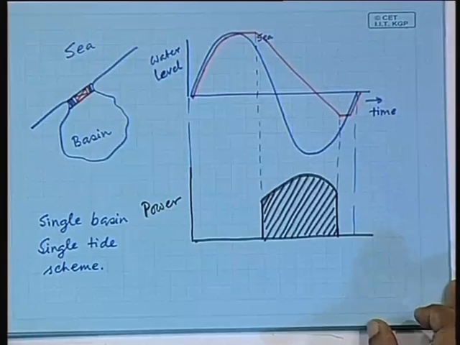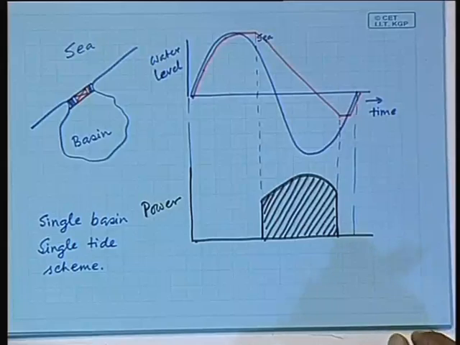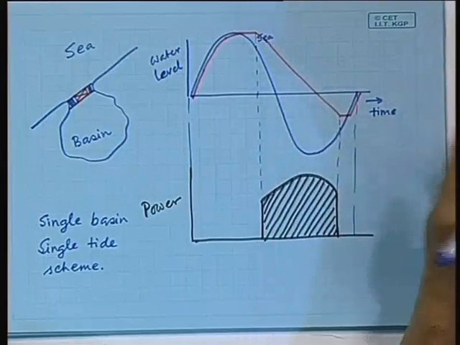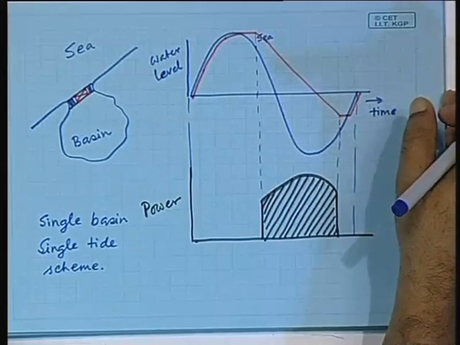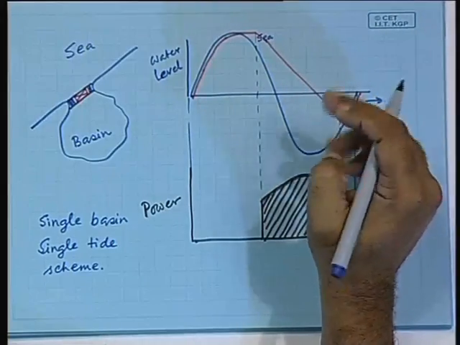In cases where you have ready availability of cheaper one-way turbines, people prefer this particular scheme. But of course, if you have a two-way turbine, you definitely can produce more electricity. So, let us now work it out for a two-way turbine.